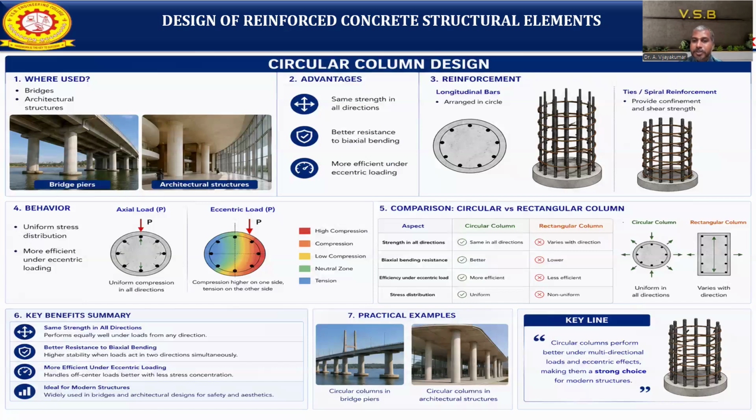Stress distribution is uniform in the circular column, but non-uniform in rectangular columns. If you see here, stress distribution in the circular column is uniform in all directions, while rectangular varies with direction.